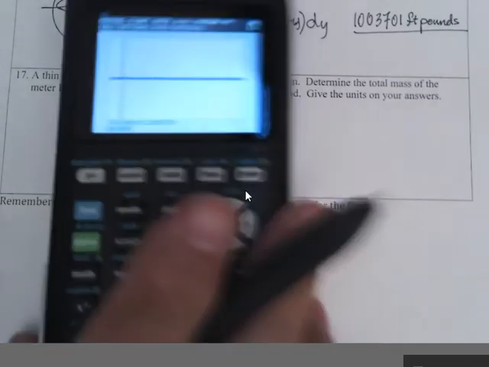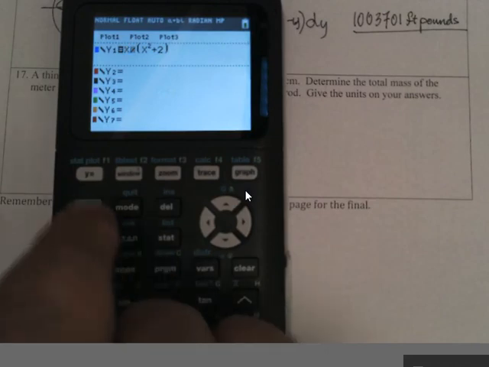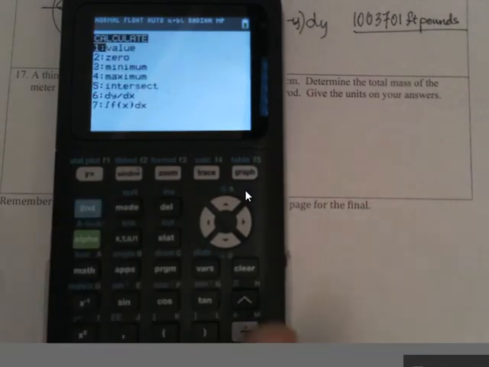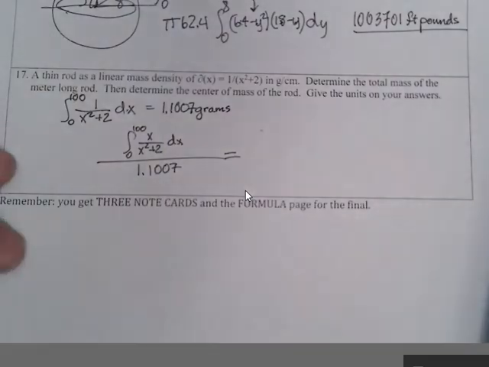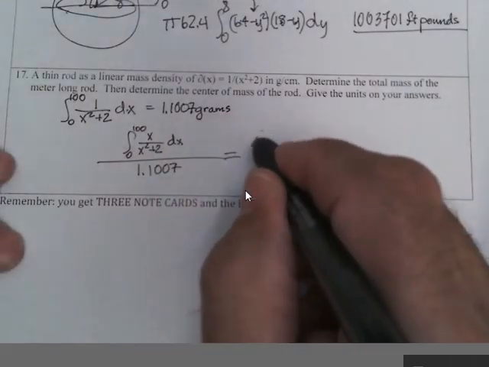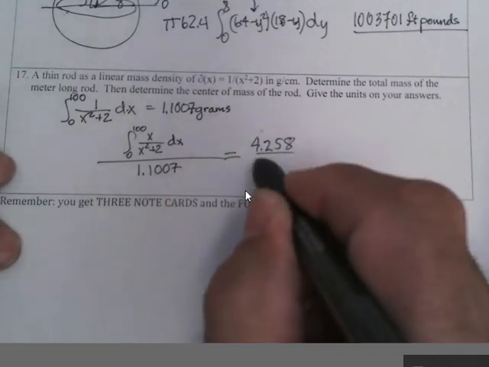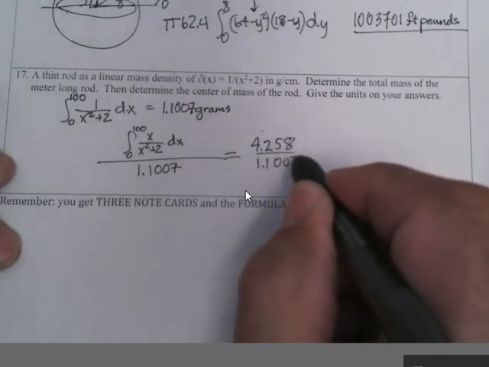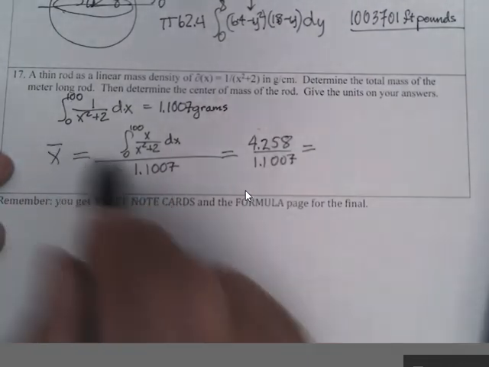So all I have to do is go back here and put an x there and go second, calculate 7 from 0 to 100, and that comes out to be 4.258 over 1.1007, and that would give me the center of mass.